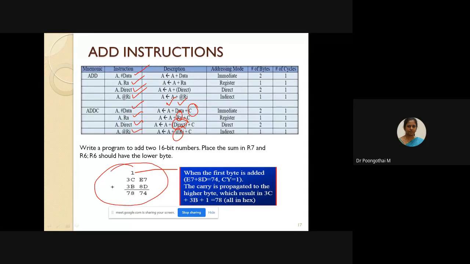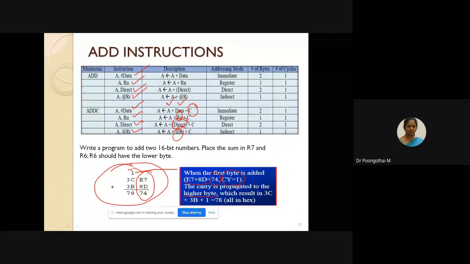Suppose you are performing 16-bit addition. In that case, during the 8-bit addition, if any additional carry is generated, that carry should be added with your MSB addition. In that case we can use the add with carry instruction. When the first byte is added, E7 plus 8D, the result is 74, the carry is set to 1. So this carry is propagated to the higher byte.